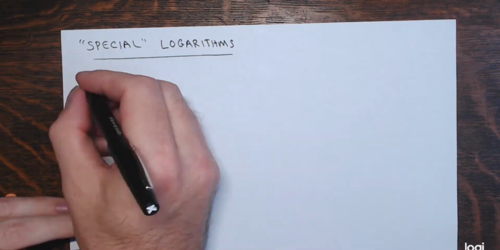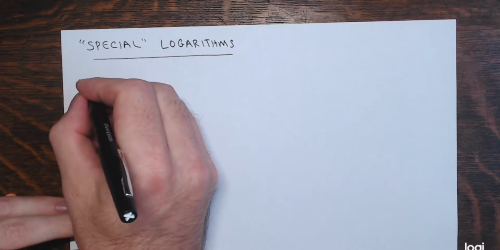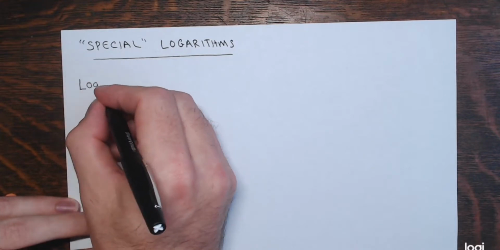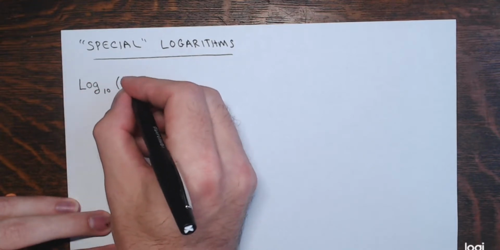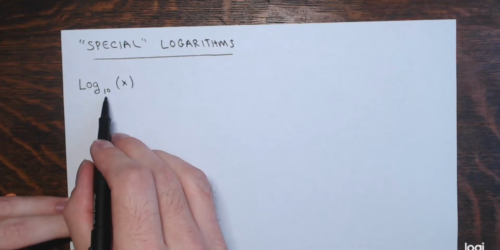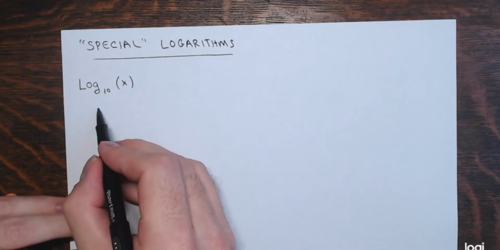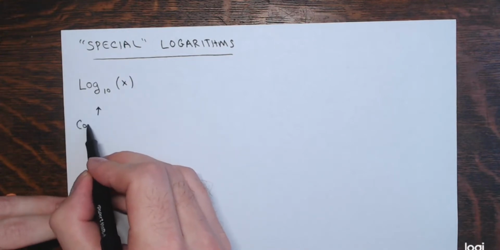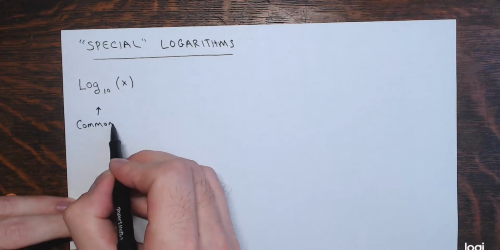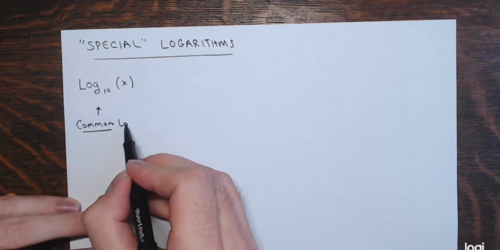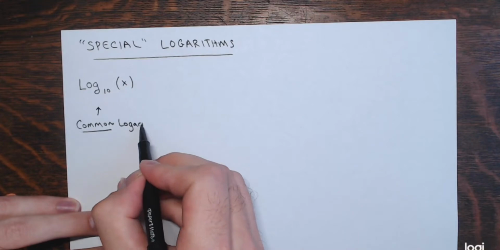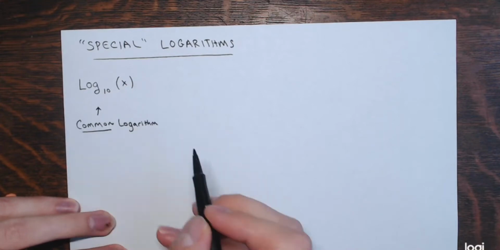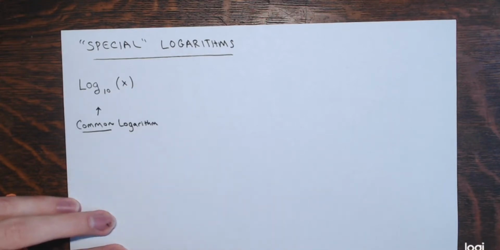Now, one is the log base 10 of x, or whatever. Sometimes referred to as the common logarithm, the common logarithm, base 10. The reason why it's common is because every number we usually work with is in decimal, in base 10.